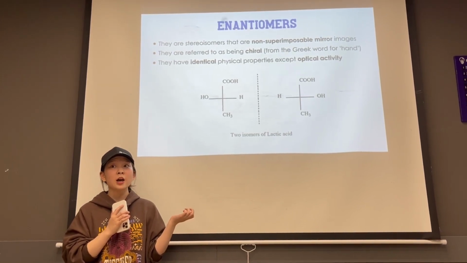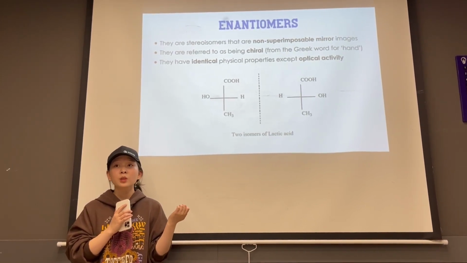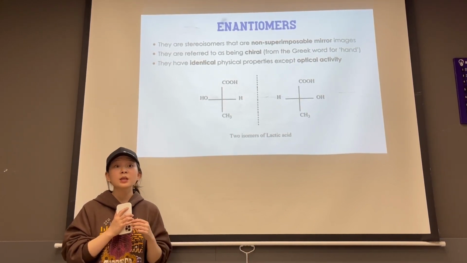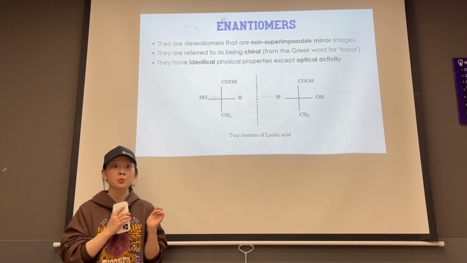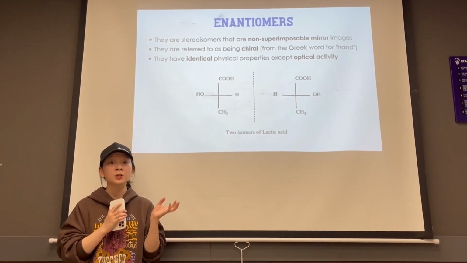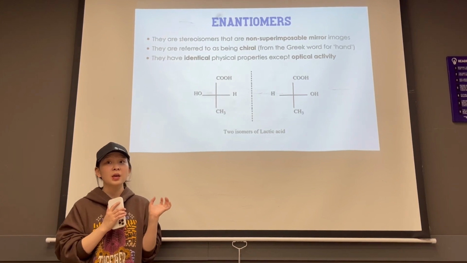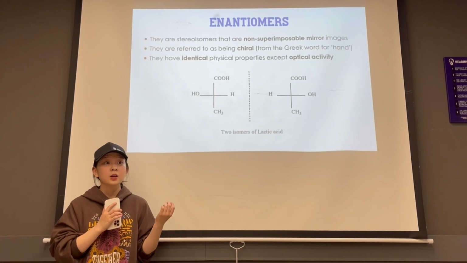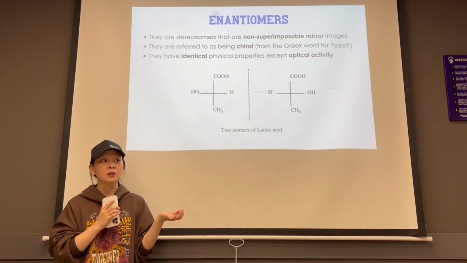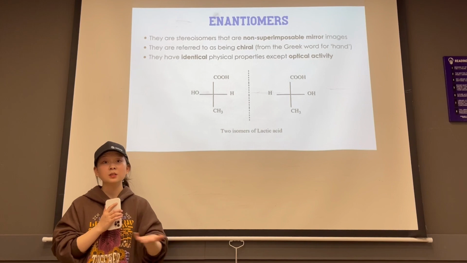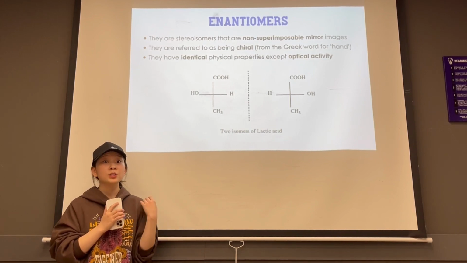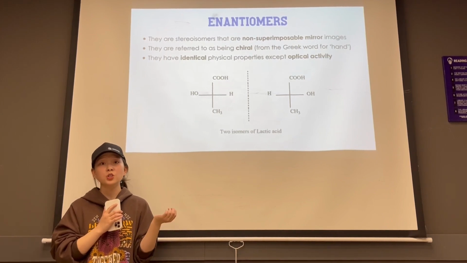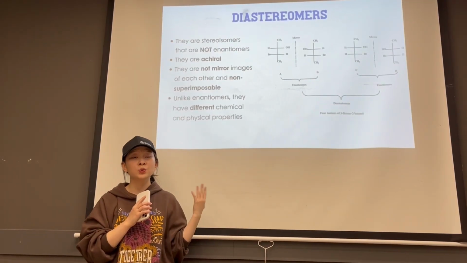Because they have the same molecular structure and also the same connectivity, they have the same physical and chemical properties, except for one key aspect, which is how they interact with polarized light. One enantiomer rotates the polarized light clockwise, which is called dextrorotatory, and the other rotates it counterclockwise, which is levorotatory.